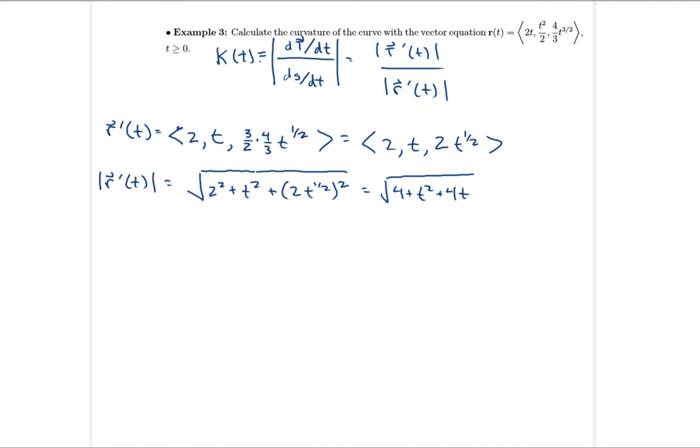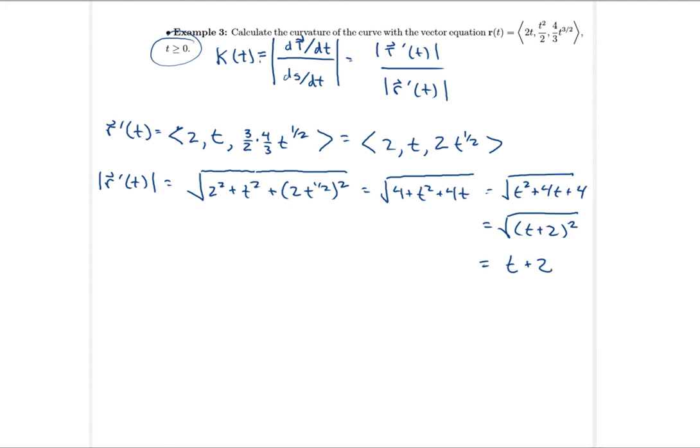And in fact, in this case, I actually can. If I put this in descending order, this can actually simplify to t plus 2 squared. This is a perfect square here. And because t is always greater than or equal to 0, when I take the square root of this square, I can just say it's equal to t plus 2. So that's nice. This is my r prime, pretty straightforward.